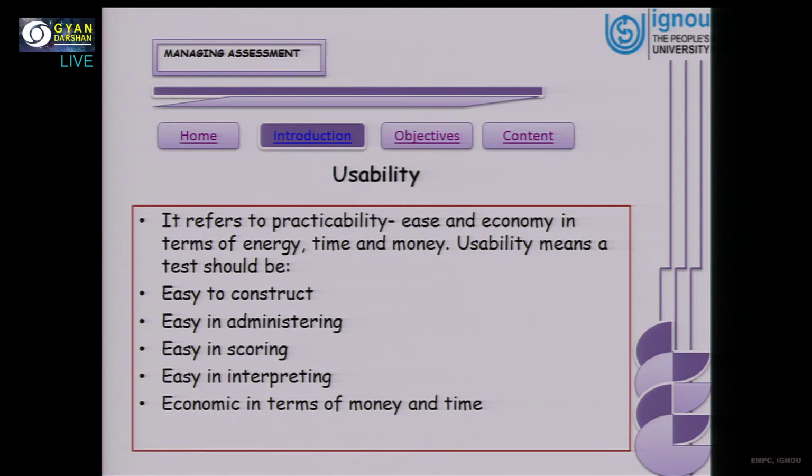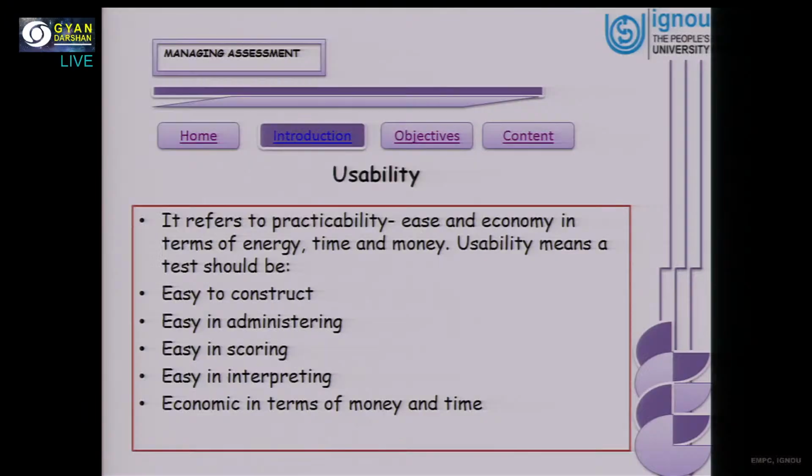We cannot conduct a test to show the intelligence or the genuineness of the paper set. Usability includes two things, ease and economy. In what all aspects do ease and economy work? Ease and economy in terms of energy, time and money.